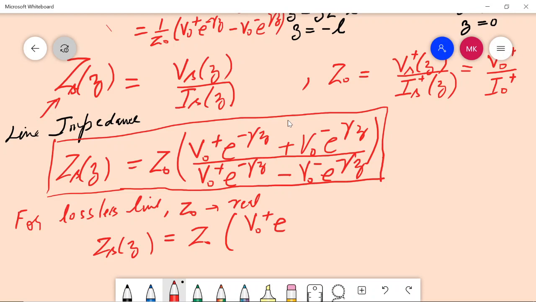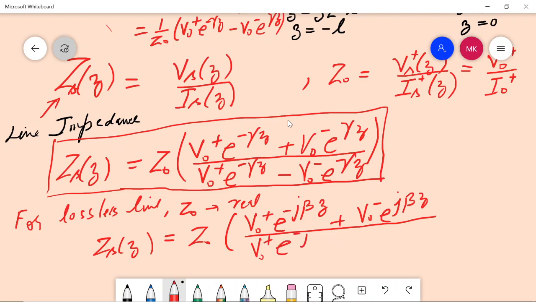So what you have: V0 plus e to the power minus j beta z plus V0 minus e to the power j beta z, over V0 plus e to the power minus j beta z minus V0 minus e to the power j beta z.